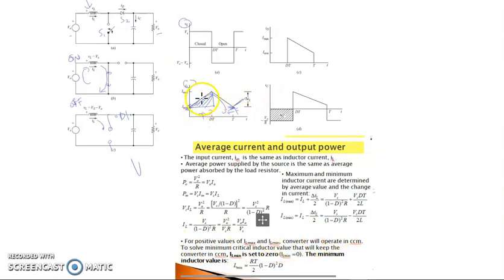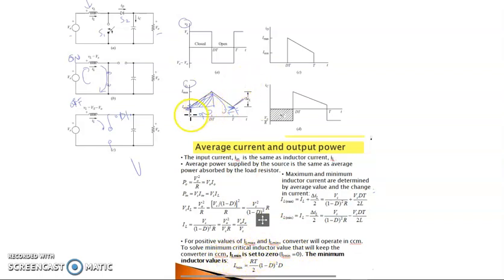If it operates with the swing of minimum and maximum in positive, we consider it as CCM, continuous conduction mode. If we want to find out the minimum at the boundary, the minimum inductor value, we can set the IL min at 0.